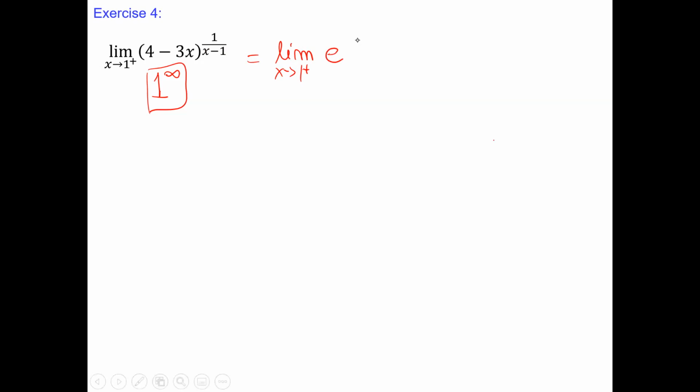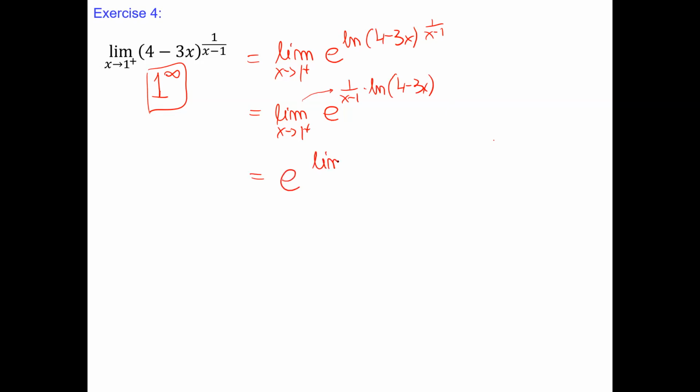e to the power of ln of the entire quantity. Now limit as x goes to 1. That exponent we may place in front of the logarithm, and now we will focus on the exponent, and this will be e to the power of the limit.